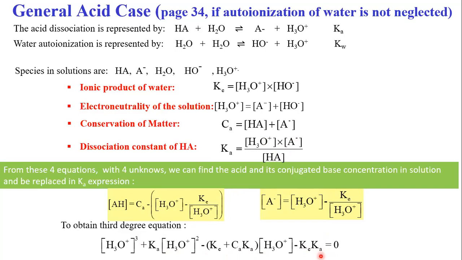Now again, we don't need this. Actually, you will get into this in a lot more detail in second year. I just wanted to show you this because I wanted you to understand why we make approximations. Why can't I just solve this and get the exact H3O+ in solution?